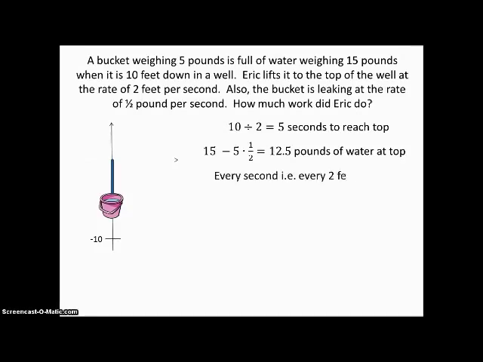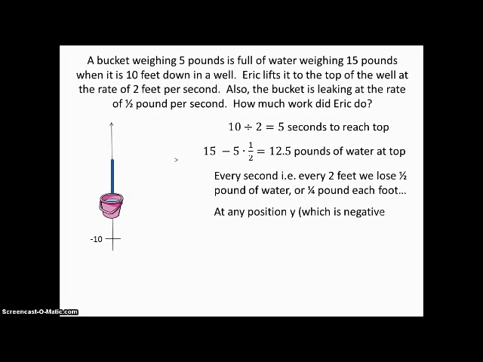So every second, i.e. every 2 feet, we lose 1/2 pound of water, or 1/4 pound each foot. So at any position y, which is negative in my picture, the weight, which equals the force in the English system, is going to be 5 for the bucket, that doesn't change, plus 12.5, which is how much it weighs at the top, when y is 0.